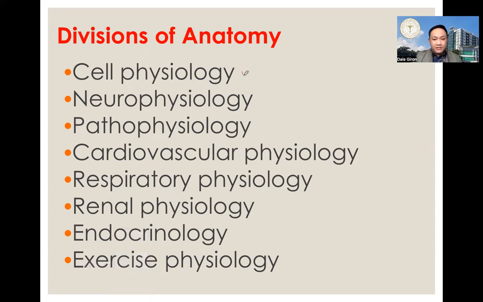Okay, we have cell physiology, neurophysiology, and pathophysiology, meaning if you have a normal function, or physiology, any alteration of its function will produce a pathology. So we will be describing the pathophysiology. For the pathophysiology, we usually encounter this if you have a medical problem.